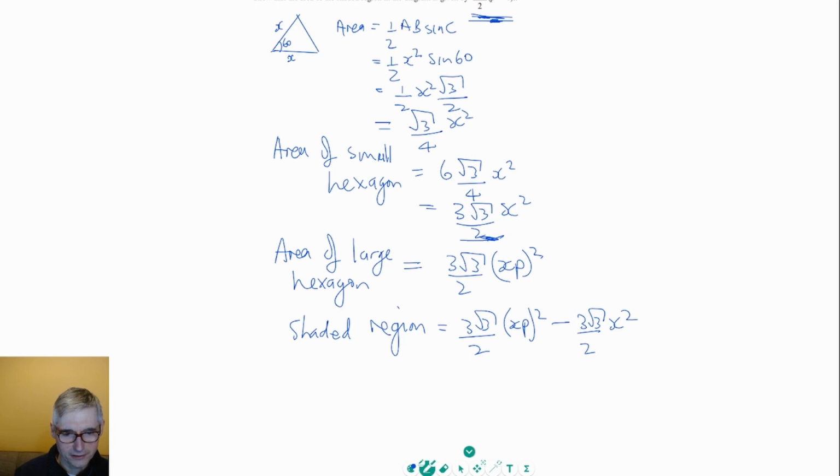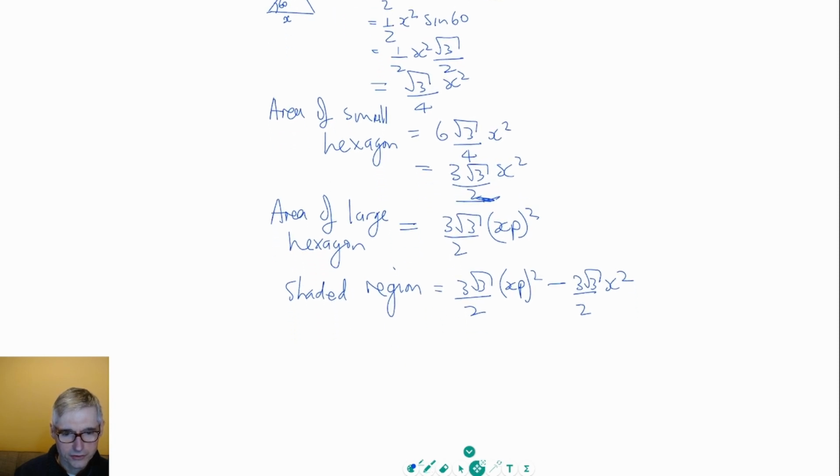Tidying that up, they've both got 3 root 3 over 2 in them, so I can take that out as a factor, leaving xp all squared minus x squared.